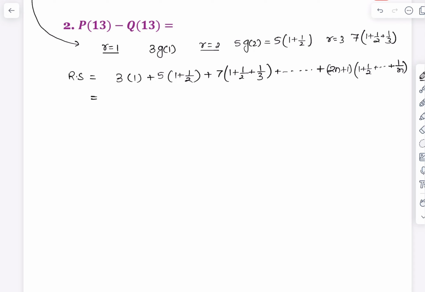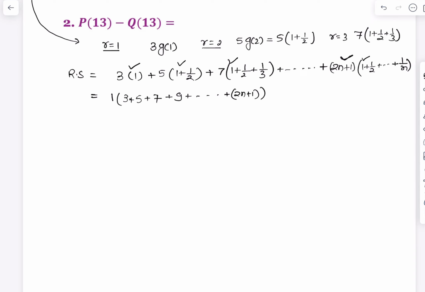Now in this, if we take 1 from here, 1 from here, and 1 from here, and 1 from here, what we are getting is 1 times (3 plus 5 plus 7 plus 9, going till 2n plus 1). The second term, if we take 1 by 2, we are getting 1 by 2 into 5, then 1 by 2 into 7, then in the next term 9, since the terms are 1 plus 1 by 2 plus 1 by 3 plus 1 by 4, like this.